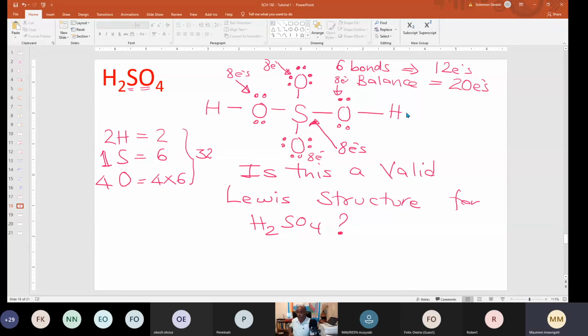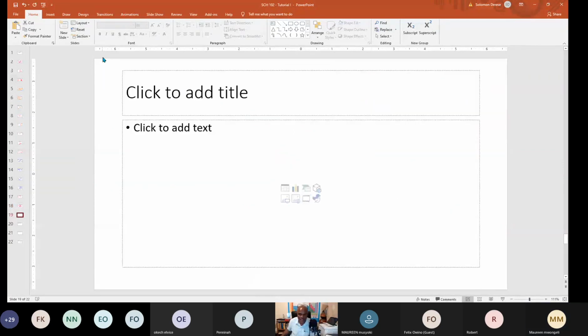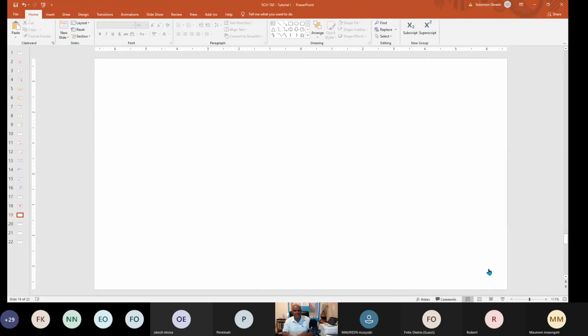Now, to see that, when you look at this, you see each of the elements has an octet of electrons. The hydrogens have a duet. So now let me draw this again and truly see if this is indeed a valid Lewis structure.